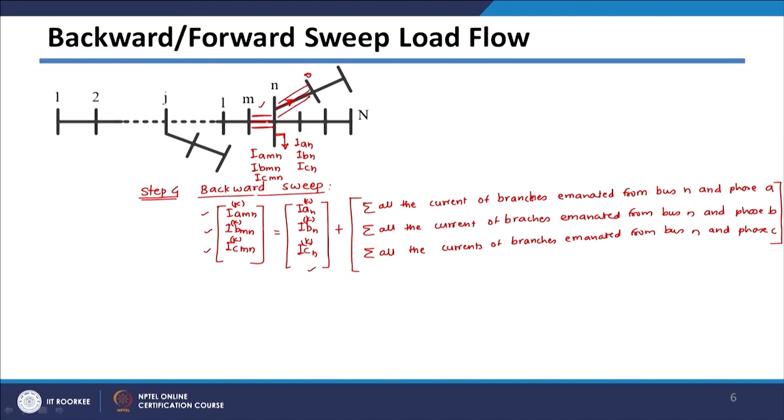So once you get the current, we should go for step 5, which is forward sweep.